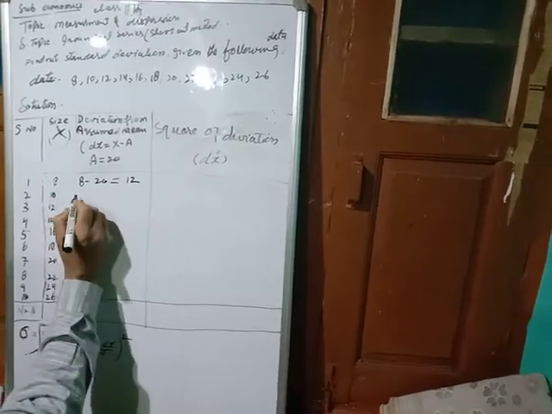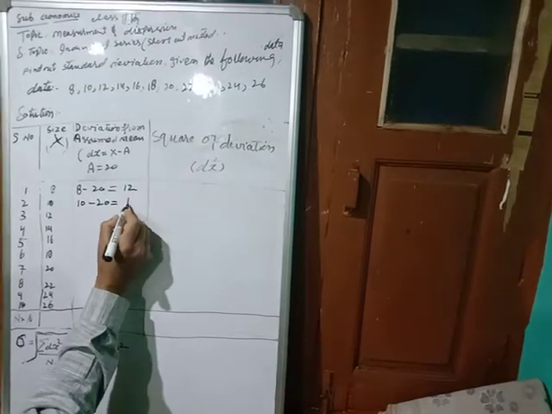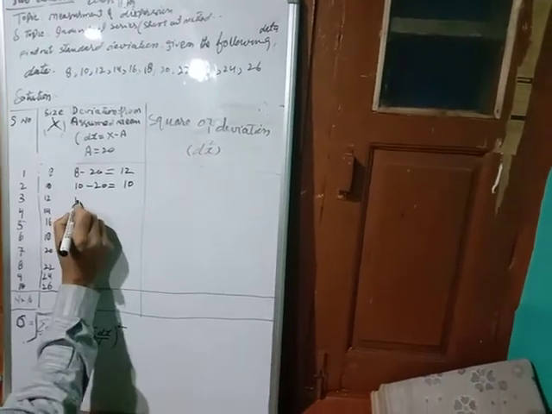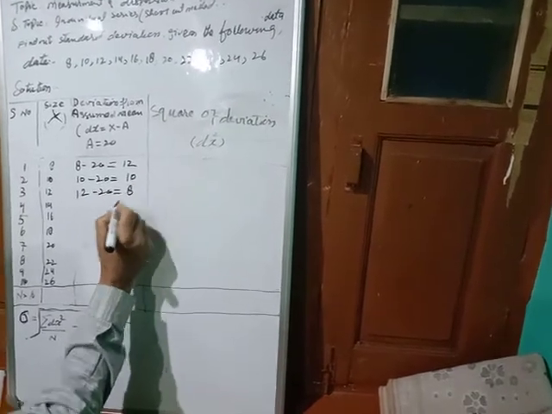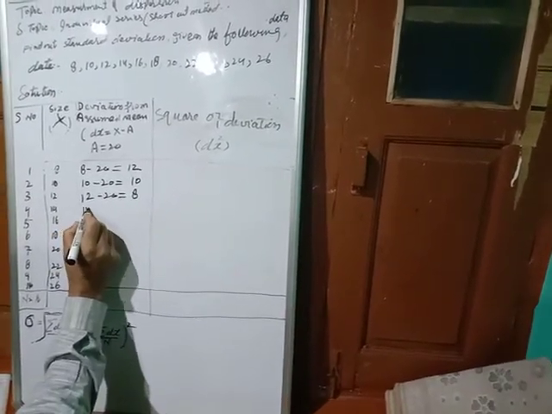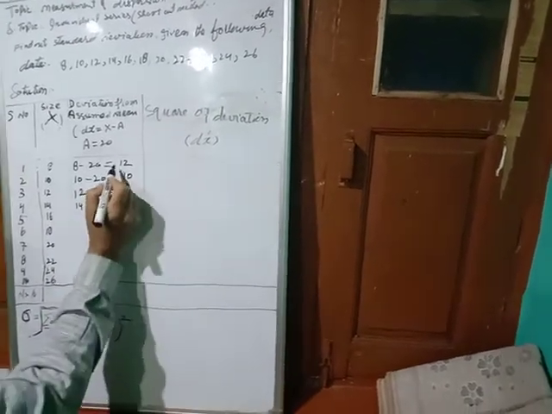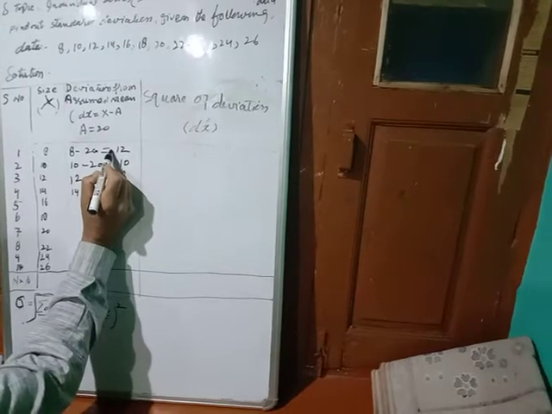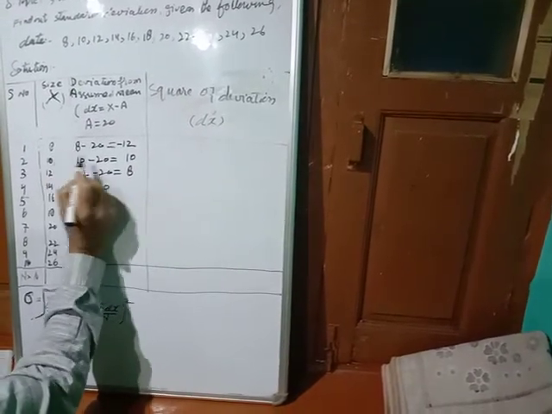The next, 10 minus 20, is equal to minus 10. 12 minus 20 is equal to minus 8. Here you will get the minus sign, because the minus is larger than the plus.